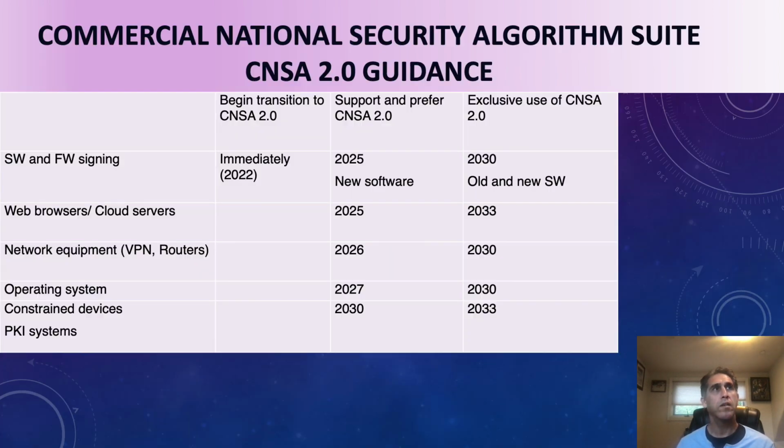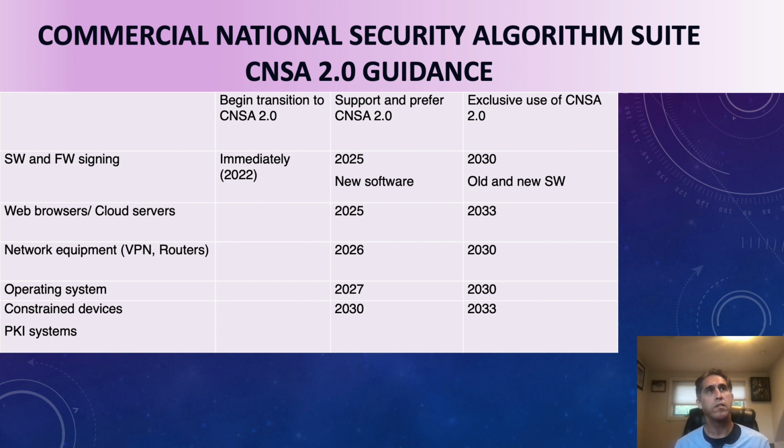So going back to the CNSA 2 guidance, which is the Commercial National Security Algorithm Suite. This came out from NSA back in 2022, and this table is based on the data in that document. They set up a bunch of dates for various functions, like software signing or what you need to do in your web browser or router, based on a timeline.